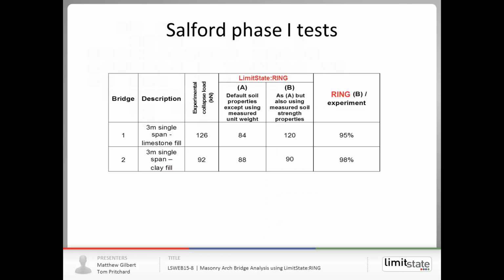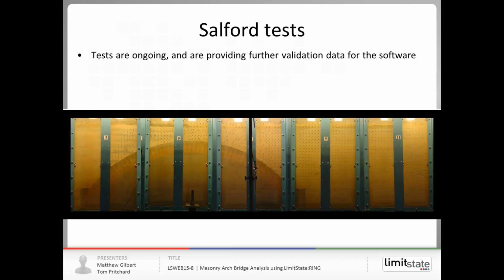So more recently we've worked with the University of Salford to carry out a new program of tests, which is ongoing actually, and what we find is that we get much closer correlation between the results from those tests because we're able to have a purely two-dimensional test in the Salford rig. And you can see in the next slide an image showing that rig.